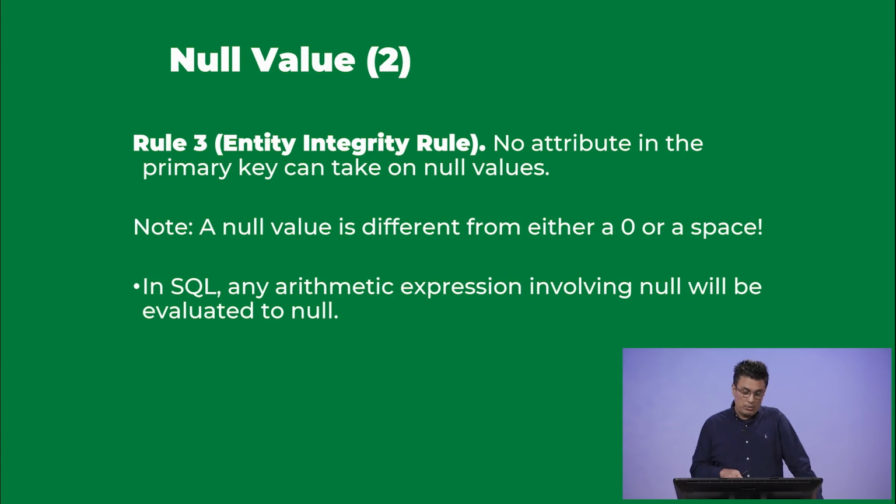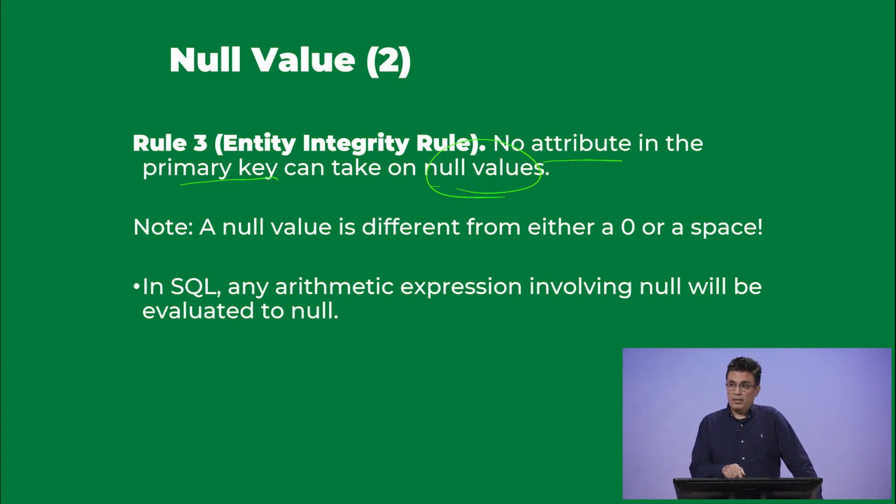Now, rule number 3 specifies that once we have a primary key, we are not going to allow a null value on that. That means something that we didn't assign a value to a primary key. In my example, the only example that we have in this course about employees, we were using a good attribute there to be a candidate key, the social security number, because the social security number will uniquely identify an employee.